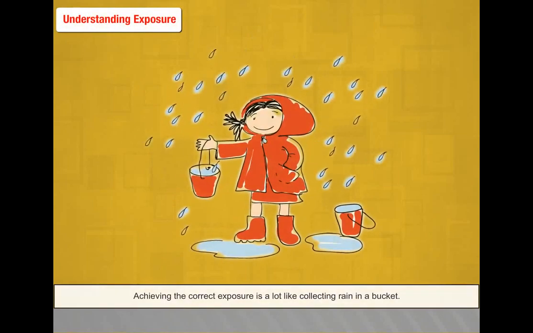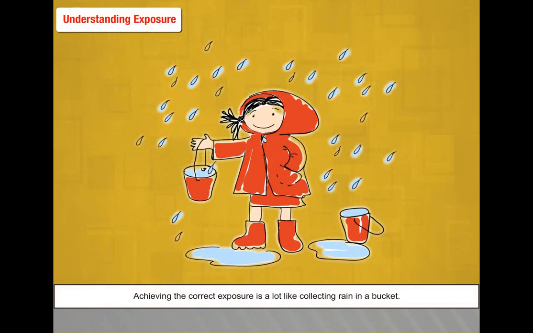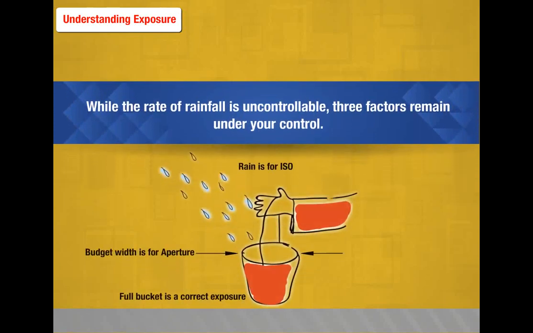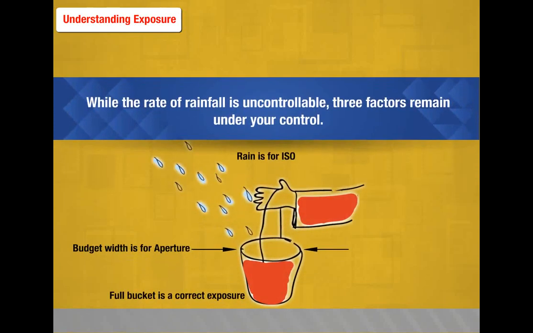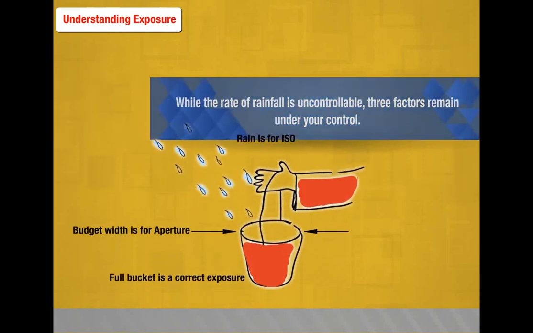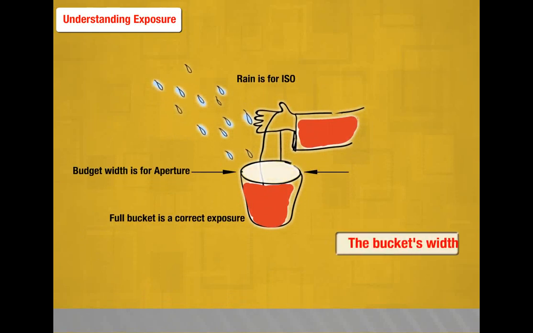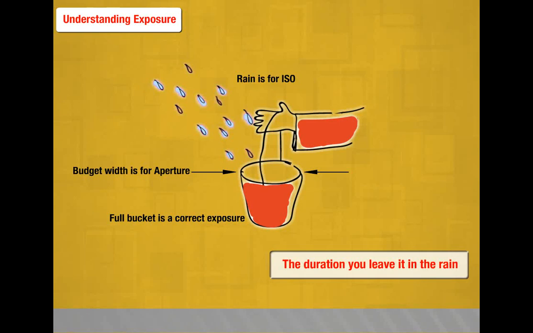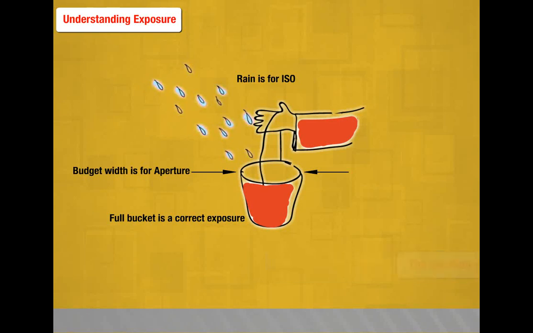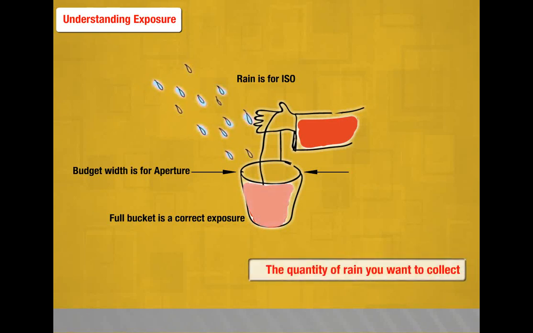Understanding exposure. Achieving the correct exposure is a lot like collecting rain in a bucket. While the rate of rainfall is uncontrollable, 3 factors remain under your control: the bucket's width, the duration you leave it in the rain, the quantity of rain you want to collect.